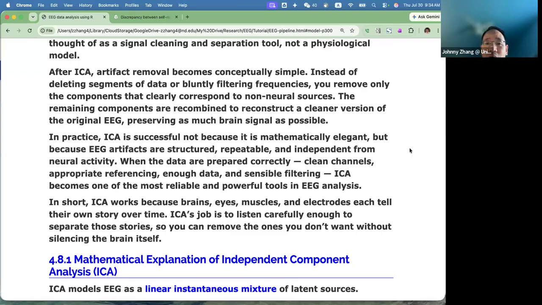So therefore, we want to remove those components and then reconstruct the brain signals for further analysis. For example, if we identify the signals that are related to eye blink, we want to remove that information from our true brain signals. So our future data analysis is really about the brain activity, okay, not about eye blink or muscle activities.